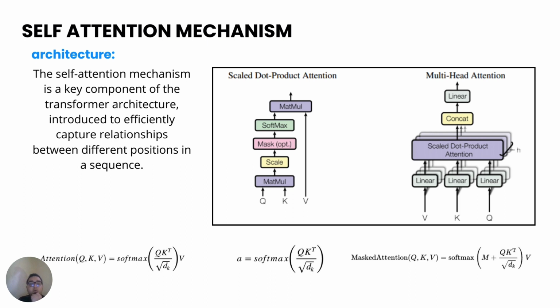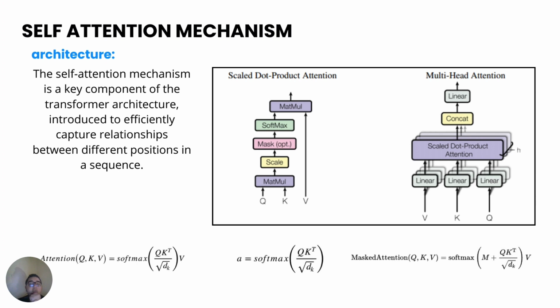So let's assume we have an input sequence with the tokens x1, x2, x3, up to xn. Each xi represents a token in the sequence. And we also have the Q, K, V that you see in the image.